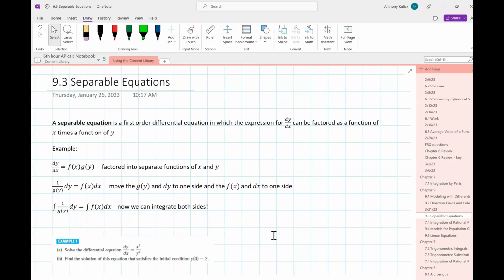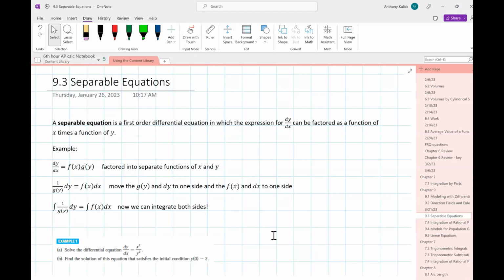In 9.2, we saw, okay, we can take our differential equation, create a slope field for this, and then sketch in a possible solution if we have an initial condition, or we can draw infinitely many possible solutions if we don't have an initial condition.